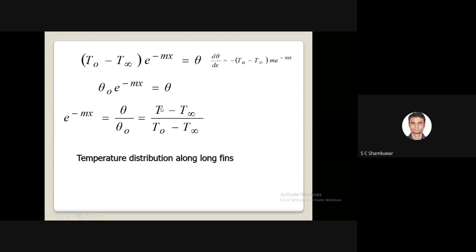Understood? So please write down this one: e to the power minus mx is equal to theta by theta naught, the temperatures. Finished?